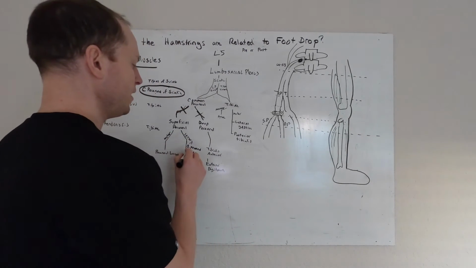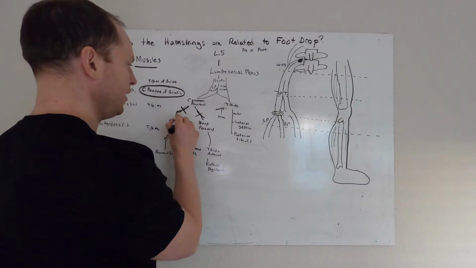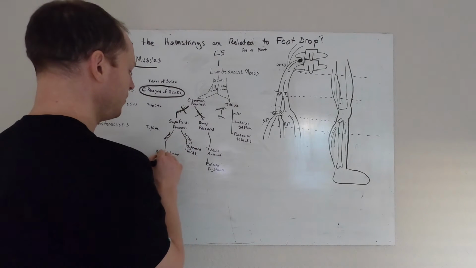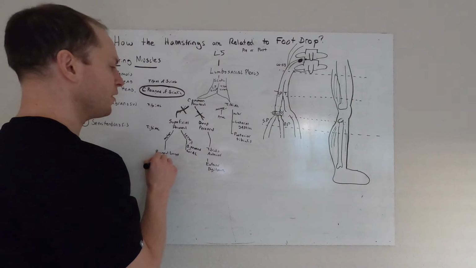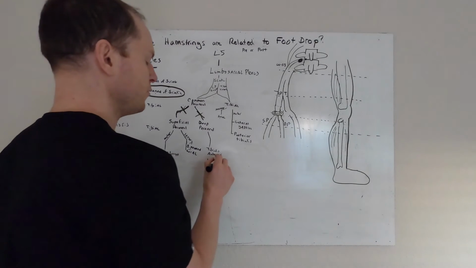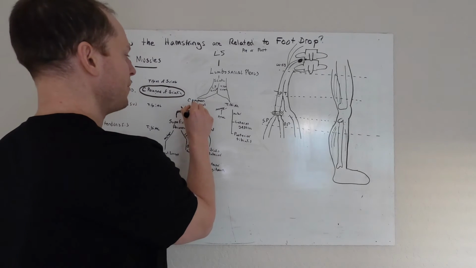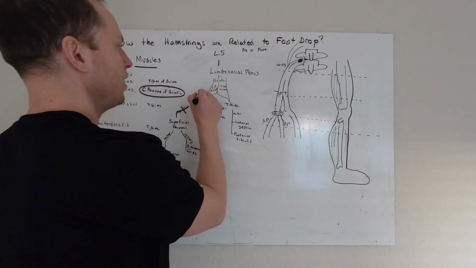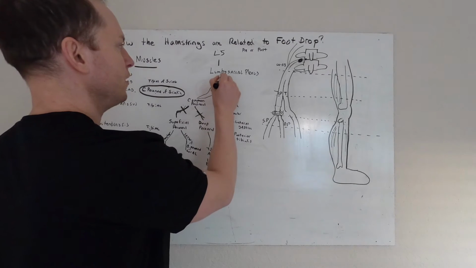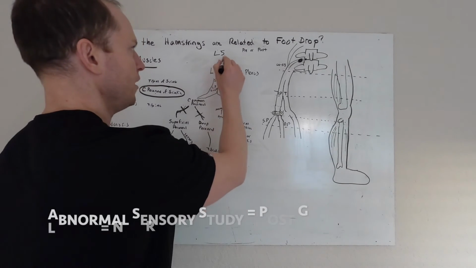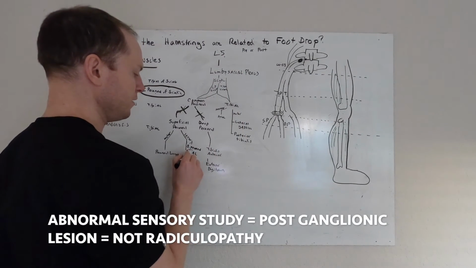But let's say this is abnormal, and these everter muscles are abnormal, and these dorsiflexor muscles are abnormal. So now we're thinking it's either a common peroneal nerve injury, a sciatic nerve injury, or a lumbosacral plexus injury, not an L5 radiculopathy because this sensory study was abnormal.